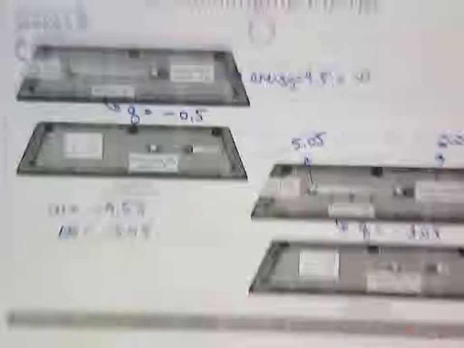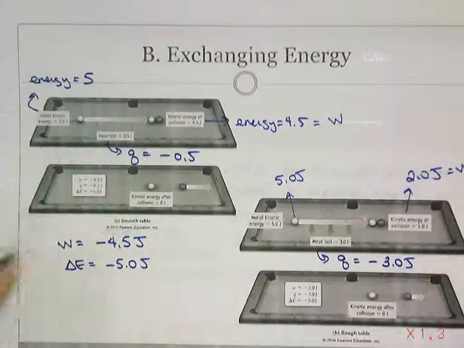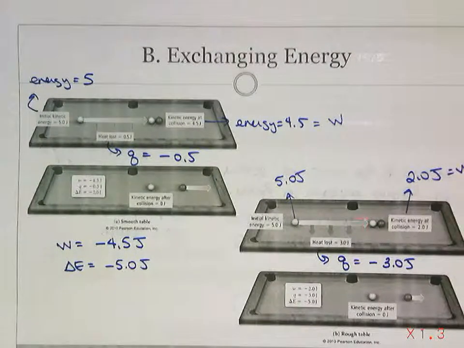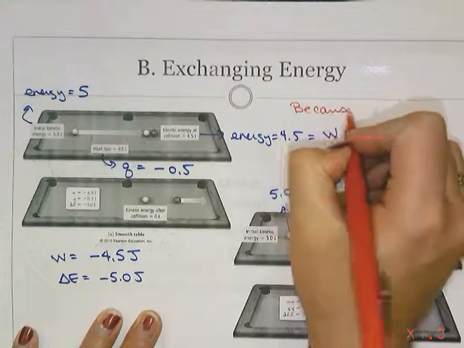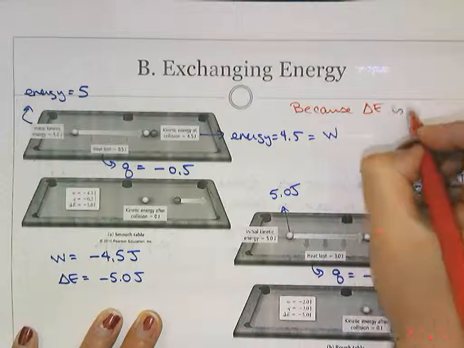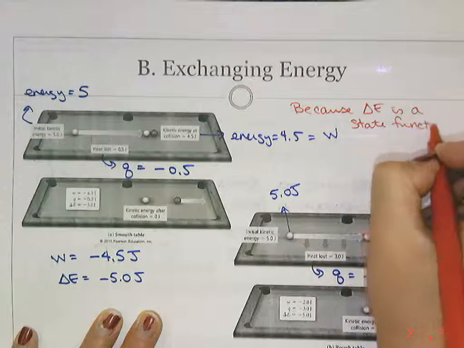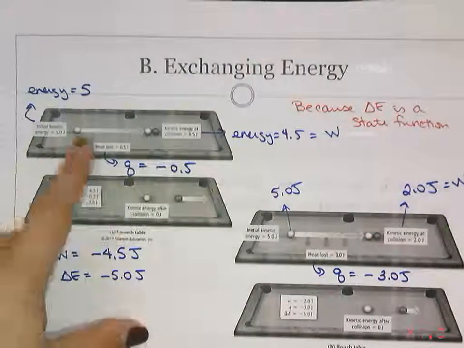Yes, question? So does it matter that you're adding like positive and negative numbers? No, just the overall. Oh, because it's state function. Because the state function, I start off with 5 and I end up with 0.